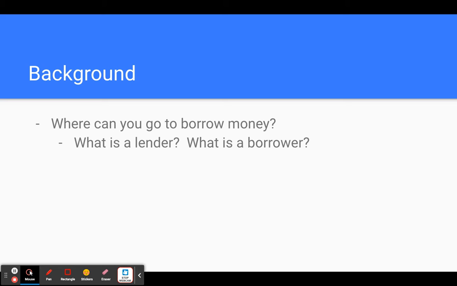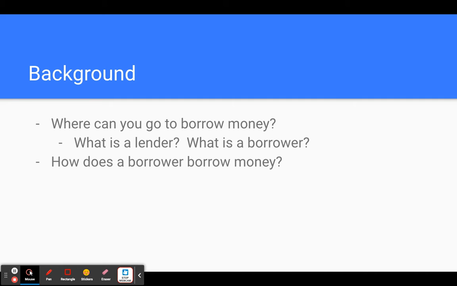A borrower then is the person who needs the money, who is going to borrow it. We use the word borrow because it implies that you're going to pay it back as well, which you would have to do with interest in this case, the stuff we're going to look at here.